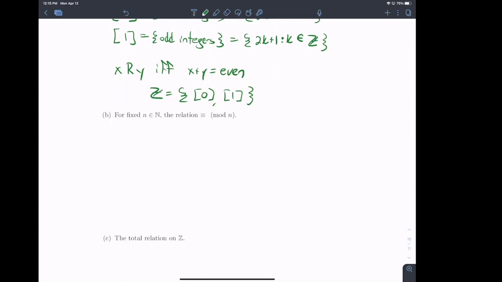So if you think about the relation where a is related to b if they're congruent mod 5, we can think about what the equivalence classes for this would look like. We started with the equivalence class for 0.